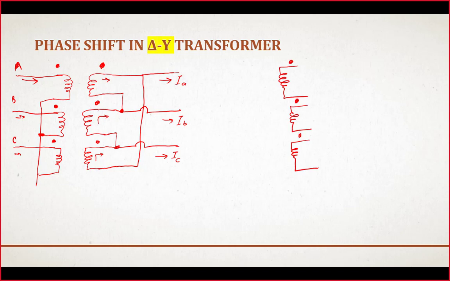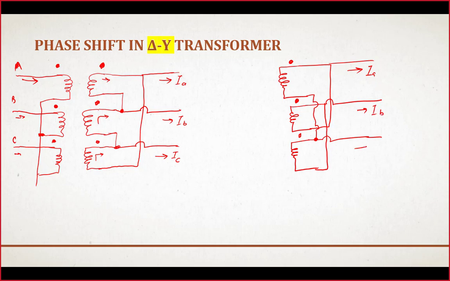I have skipped the first winding, the high voltage side, that is in Y. So the second way is to connect the dotted end of the first with the non-dotted end of the second winding like this, then the dotted end of the second with the non-dotted end of the third, that will be the second terminal, and then the dotted end of the third with the non-dotted end of the first like this.